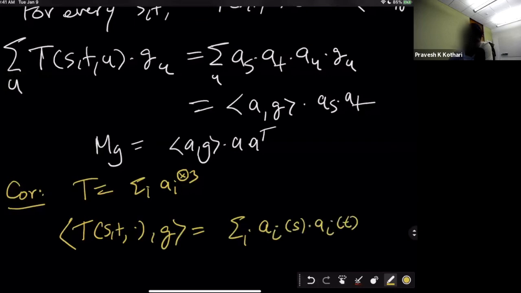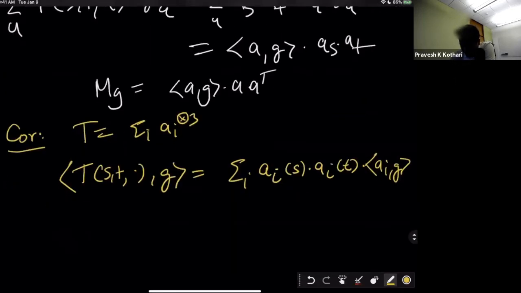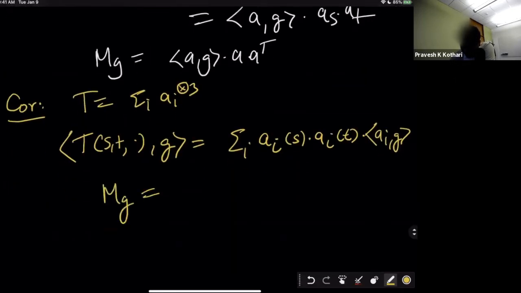I've started writing coordinates in brackets because subscript was taken. I hope you won't mind that. That's exactly what we computed above by linearity. And in particular, M sub g in this case would equal the sum of ⟨a_i, g⟩ a_i a_i transposed.